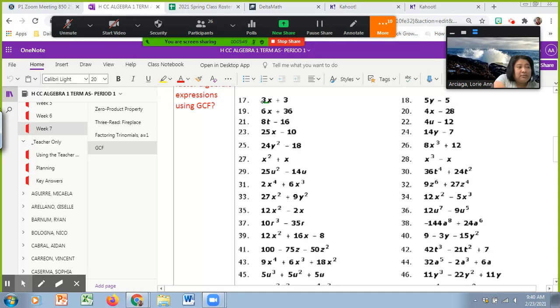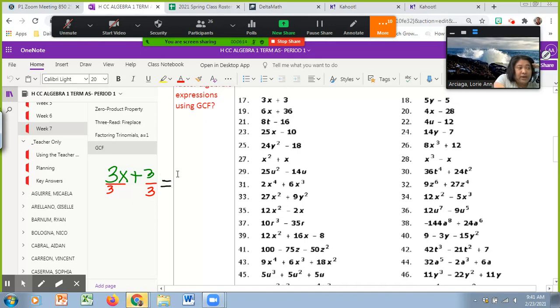So we're going to divide each of them by the GCF. Sorry, it's too small. Maybe I should write it somewhere here. Okay, so I have 3x plus 3, right? First think of a number which is the GCF of 3 and 3, so we know that is 3. Now we're going to divide. How do we write the answer?